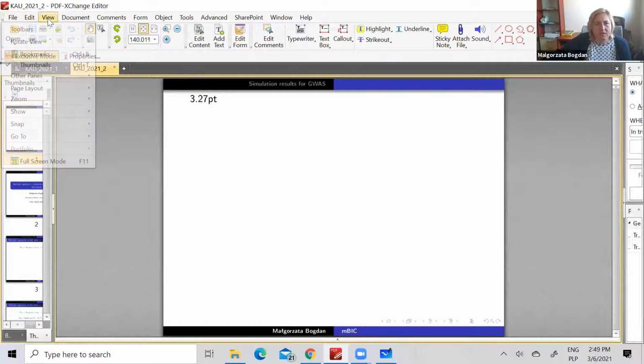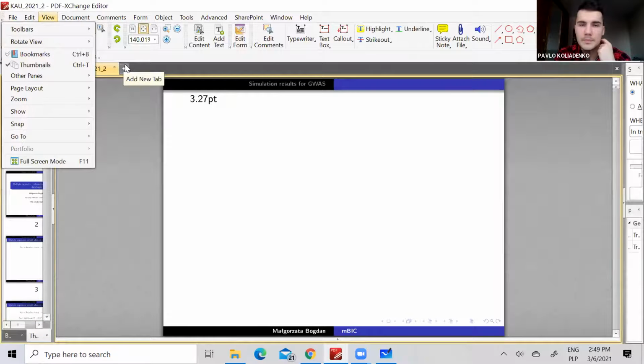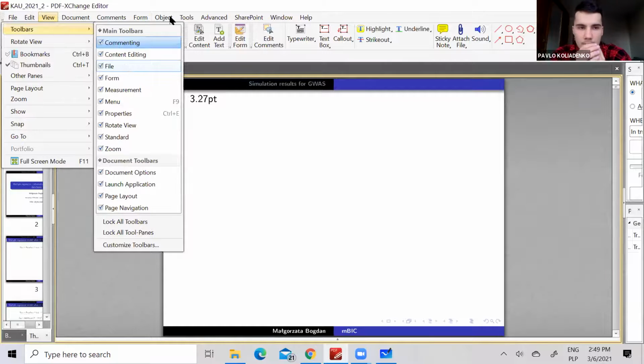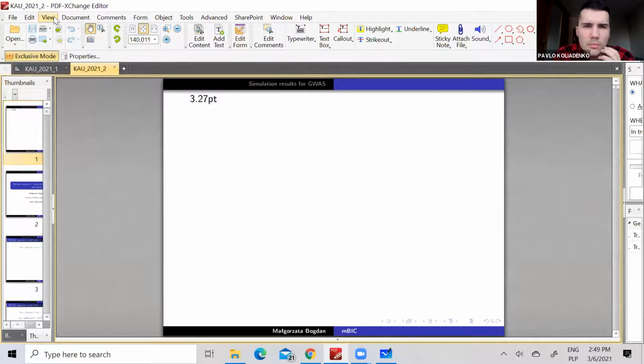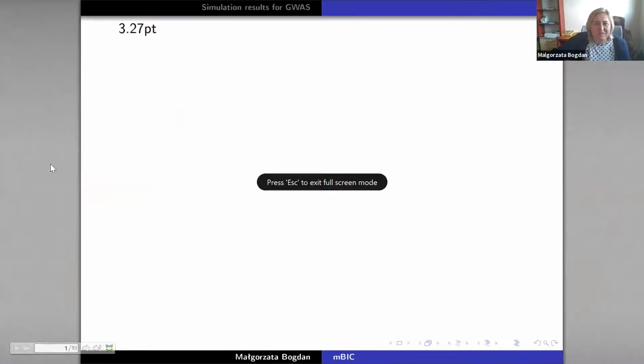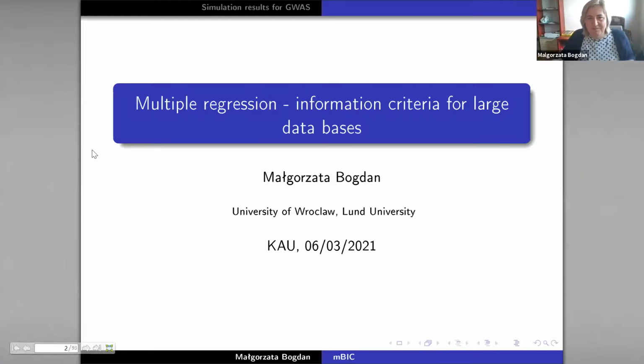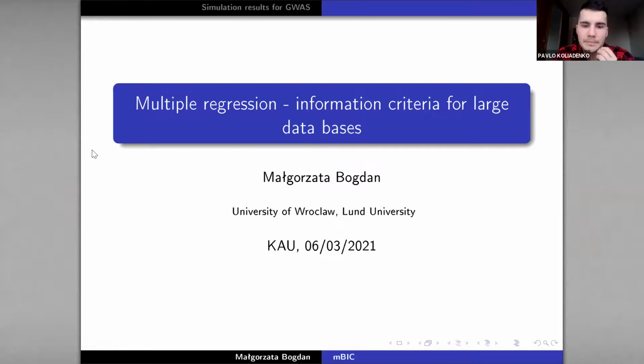Do you see my second set of slides? Yes, yes. Regularization techniques. Sorry, you see now with this first slide, which is always wrong here. Multiple regression. Yeah. Okay.